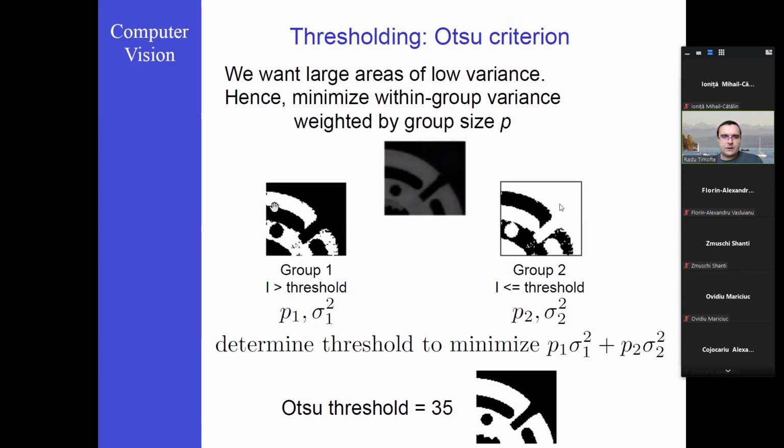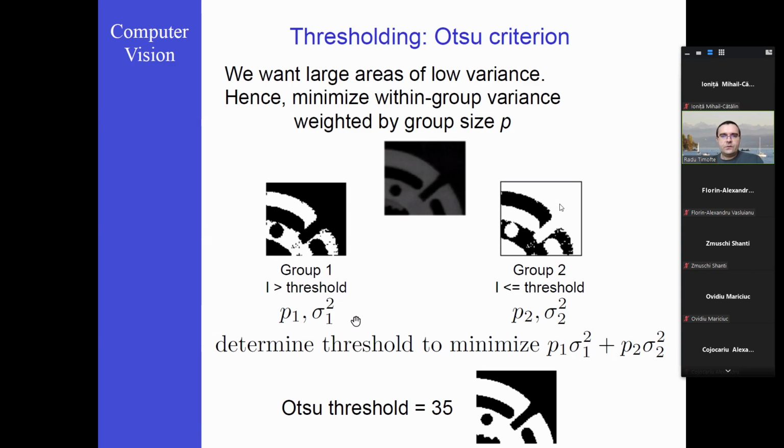All the pixels here with white belong to group 1, so the foreground. All the pixels with white here belong to the background, okay? And for these groups, we are keeping the number of pixels we have in the group and the variance of the grayscale values of that group.